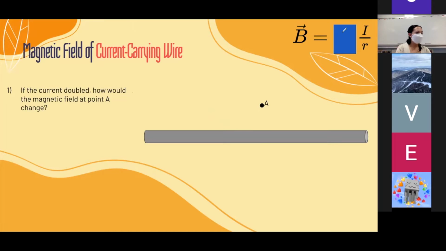If you double the current, that puts a 2 in the numerator, and it makes the magnetic field twice as big. So if I put more current going through this wire, then the field at point A would be larger. More electricity, more magnetism.